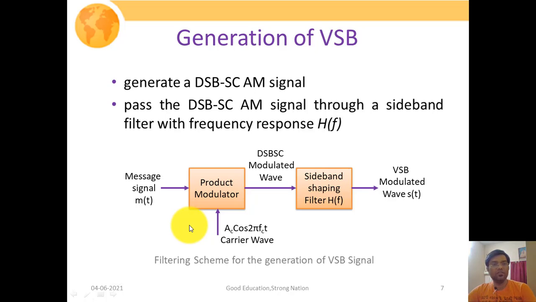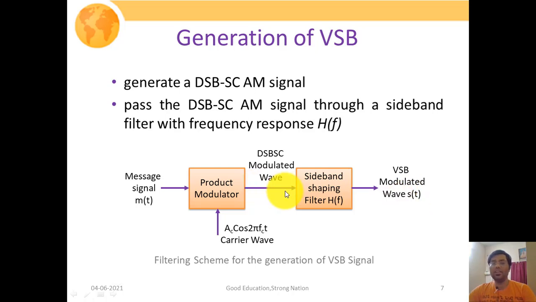Initially, we have to generate a DSB-SC AM signal with the help of a product multiplier, where we apply our message signal m(t) and A_c cos(2 pi f_c t), which is nothing but the carrier signal. When we pass this through the product multiplier, we get the DSB-SC modulated waveform, which is passed through a specific sideband filter to produce our vestigial sideband modulated signal.